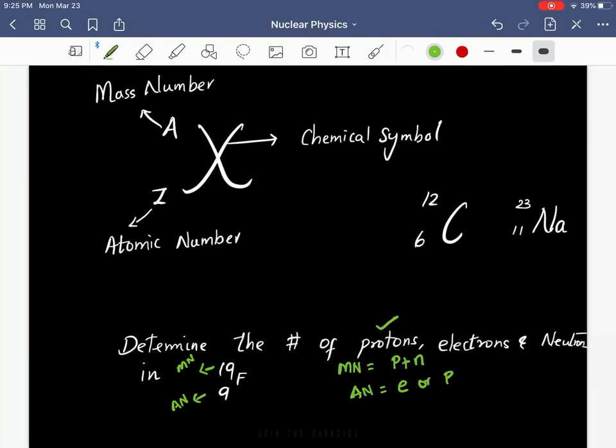So the number of protons and the number of electrons are equivalent to the atomic number, which is 9 in this case. We are missing just the neutrons. But we know that the total mass number is 19, which includes the total number of protons and the total number of neutrons. Because we do not know n, we can keep n to one side and bring everything to the other side. That gives 10. So the number of neutrons present in fluorine is 10.